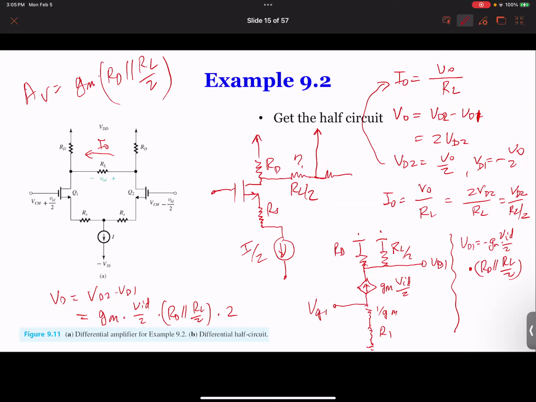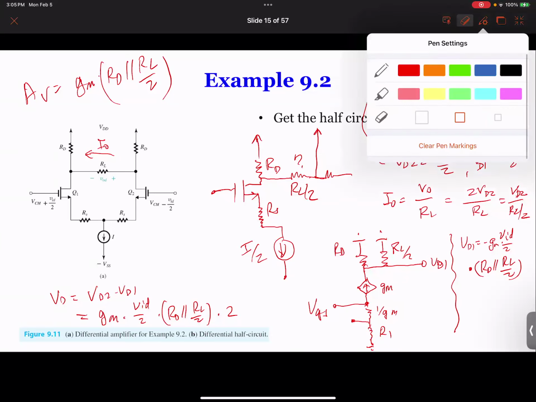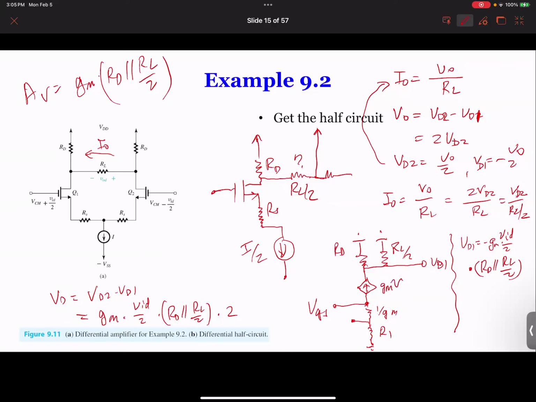But if you look carefully, that VGS is between this one here. So let's make this clear. Because I did this assuming that we know GM times VID times 2. But in fact, it's wrong, because this is not VGS. So this should be VGS.